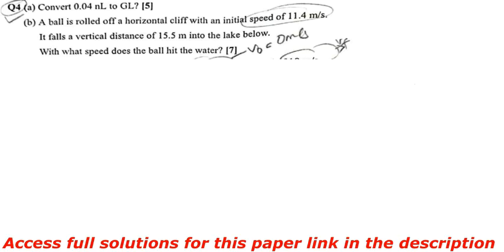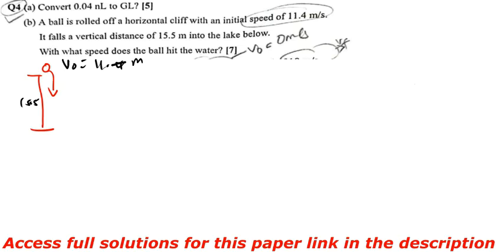Okay, so from the information which we have, let's assume that this is the cliff and the ball is rolling there. We know that the initial speed we have been given, that is the initial speed, 11.4 meters per second, and the distance is 15.5.